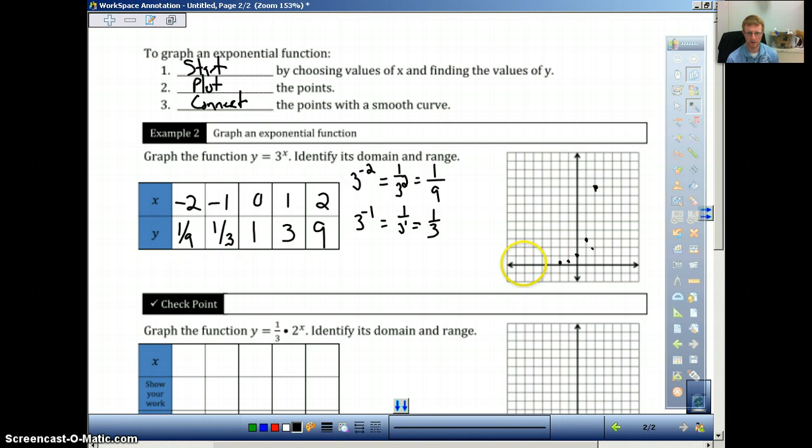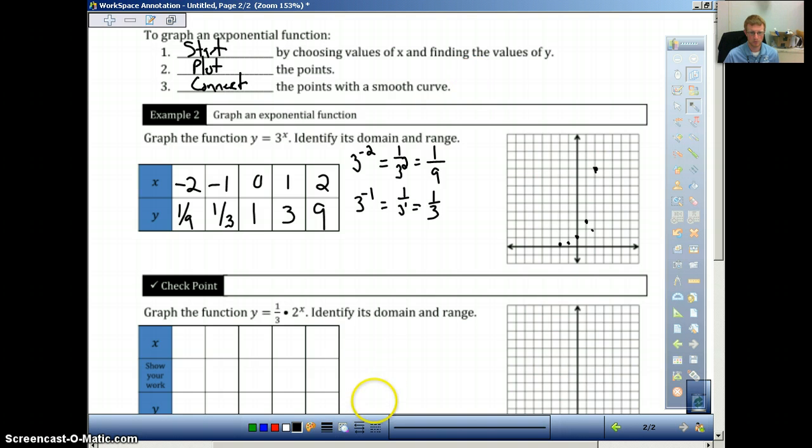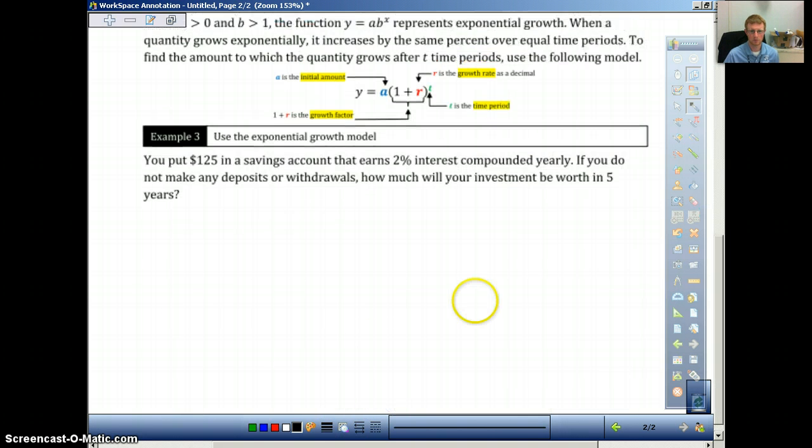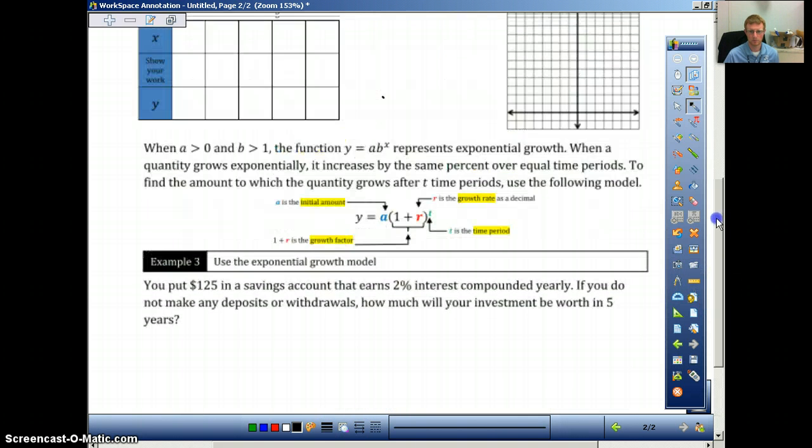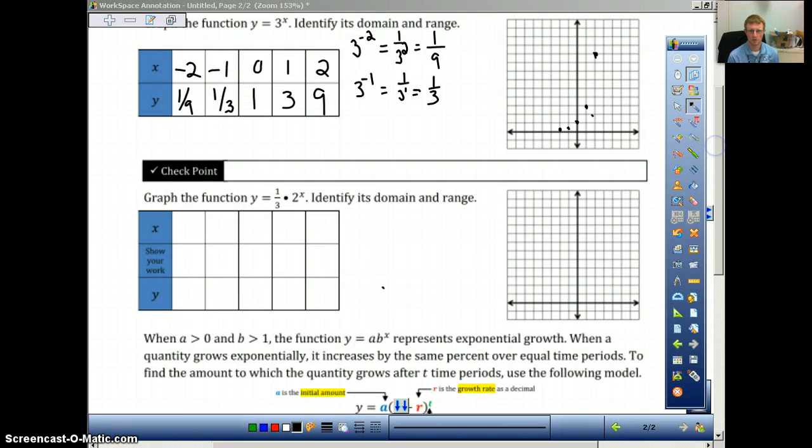And you get the idea that our graph should look something like this. And you should be able to do this by hand. You should not have to use the graphing calculator to do this.